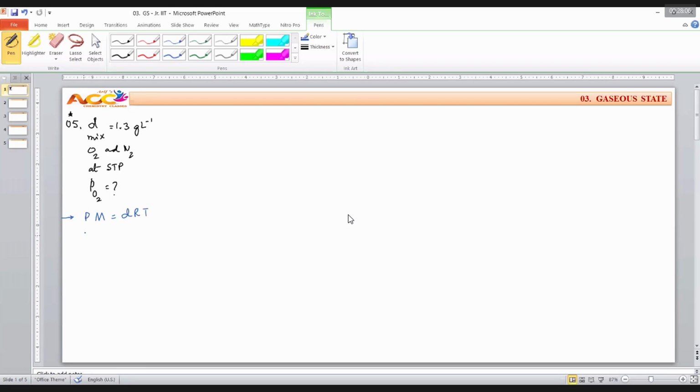What is the pressure? STP. What is this M called? Mean molar mass, because this is the density of the mixture. So I can calculate the mean molar mass: the density of mixture 1.3 grams per liter, into 1 by 12.18, into temperature 273 kelvins.